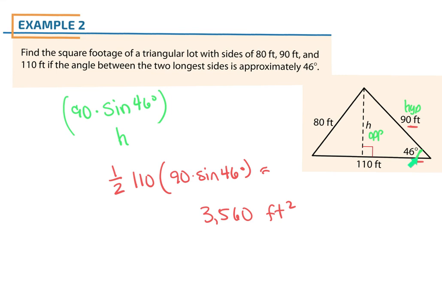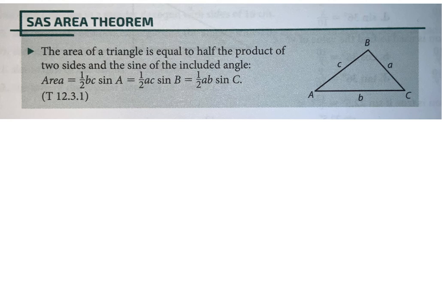So when you have any triangle, you can take the 2 side lengths and the angle created by them and use this formula: 1/2 your 2 side lengths, sine of the angle between them. Notice how they labeled this triangle.